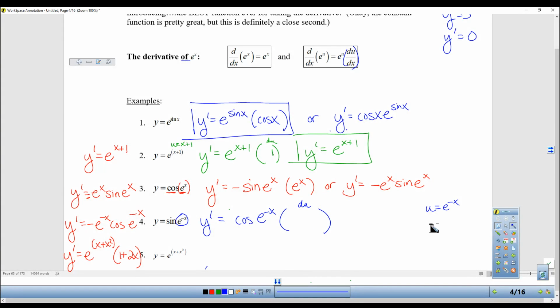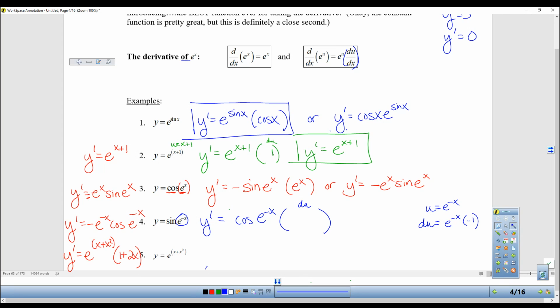And now I'm going to go over here and I'm going to do the derivative. And the reason I went off to the side is because some people get this wrong. The derivative of e to the negative x is e to the negative x times negative 1. Because the derivative of e to the u is e to the u times the derivative of u. So there's a derivative of the inside within a derivative of the inside.